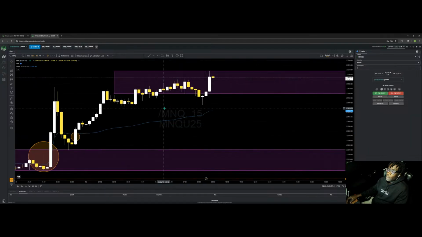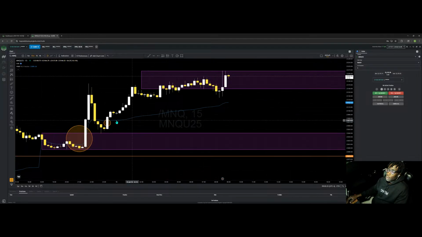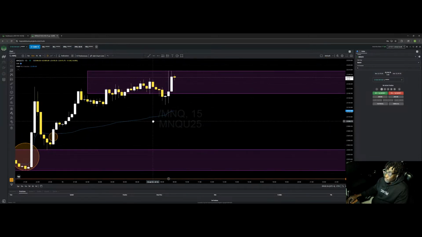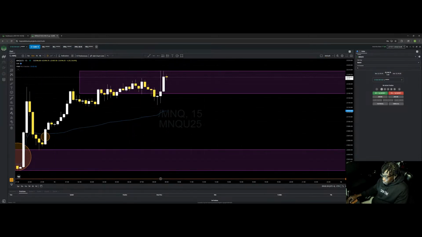On the 15, you see we have our area to fill here at the bottom, and then we have that big 1 hour area to fill with support and resistance. Right now I'm just going through my spreadsheet, seeing what direction I want to stick with for the day.